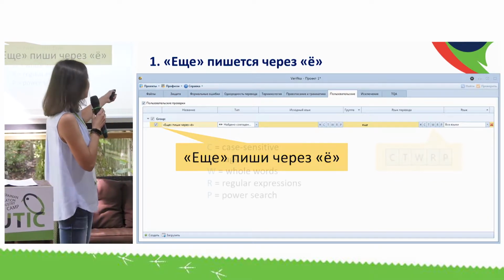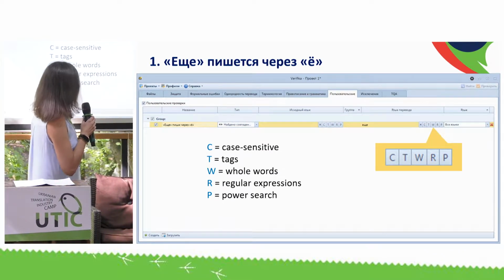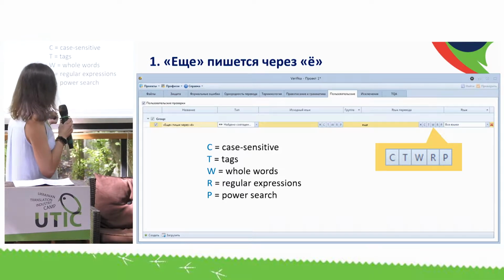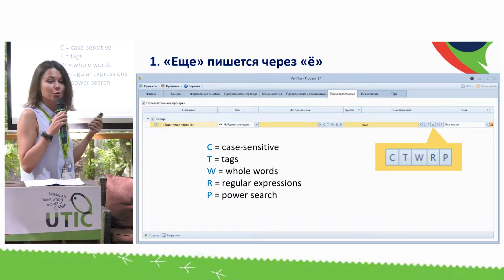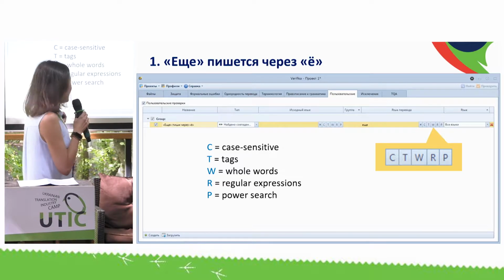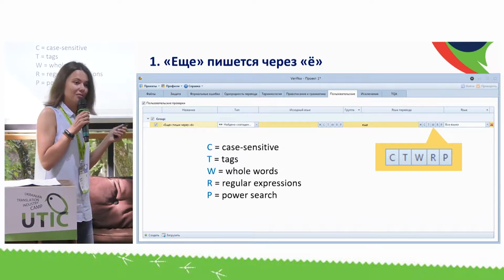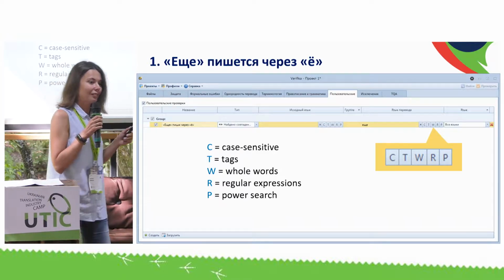But please pay attention to these letters at the end of the search lines. By means of these letters, you can do a search by text, a case-sensitive search, search by whole words, regular expressions, and power search. What do you think? Do we need some of these parameters here, or any of them?